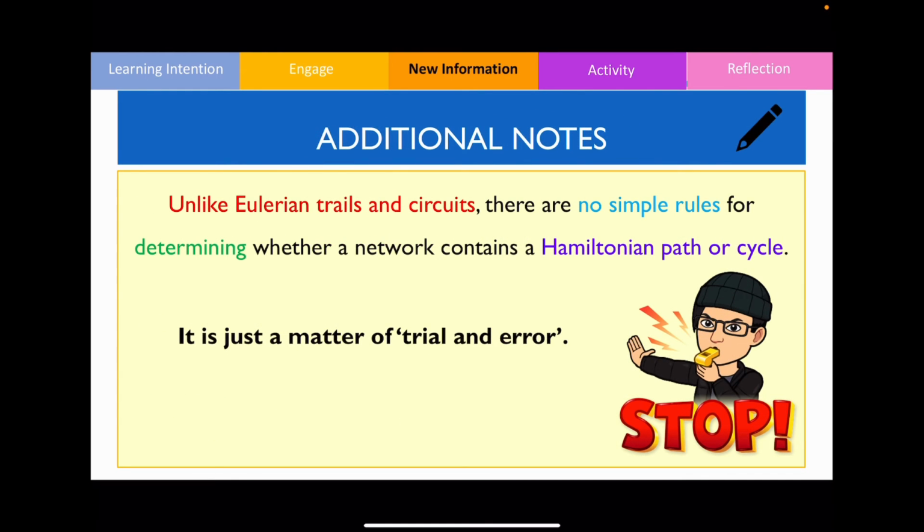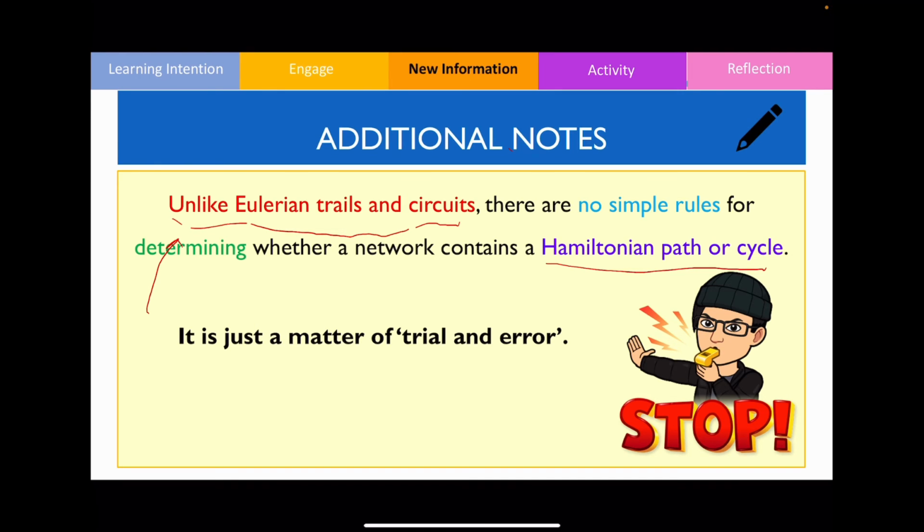I do want to conclude by saying that unlike Eulerian trails and circuits, which we looked at previously, there's no simple trick or rule for us to determine whether a network contains a Hamiltonian path or cycle. If you recall our previous lessons, Eulerian trails and circuits can be identified by analyzing the degree of all the vertices.